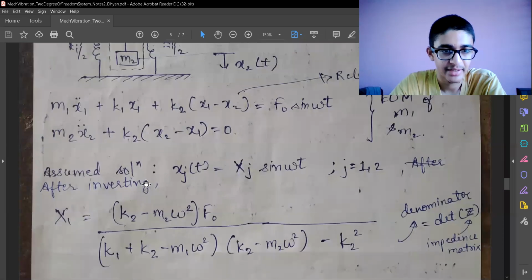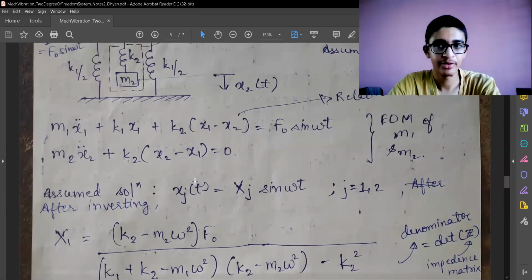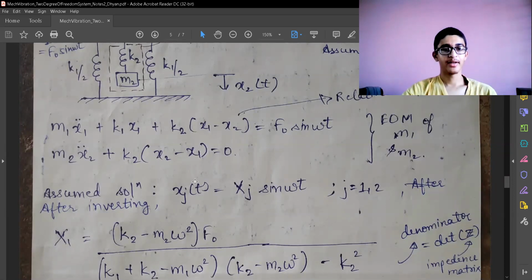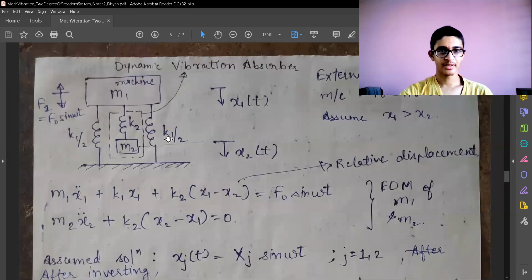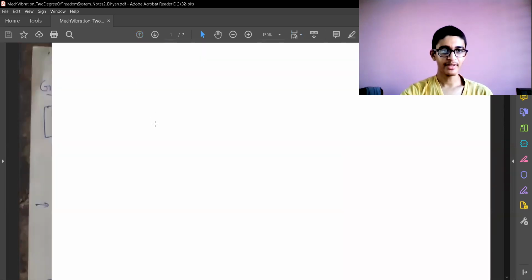Now we can substitute the normal mode condition, which is the assumed solution for us right now, and get the equation in the matrix form, A x equals lambda B x. In the matrix form, we'll take the coefficient matrix, that is the impedance matrix, and invert it.